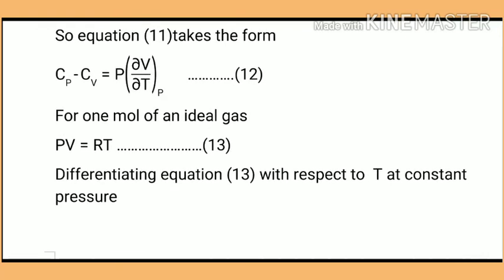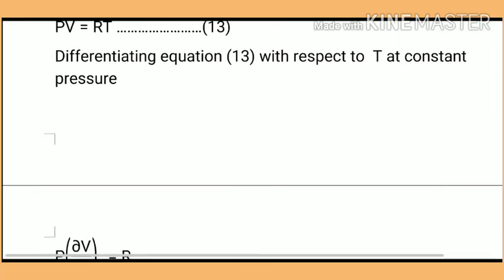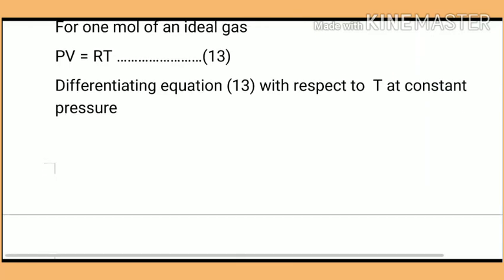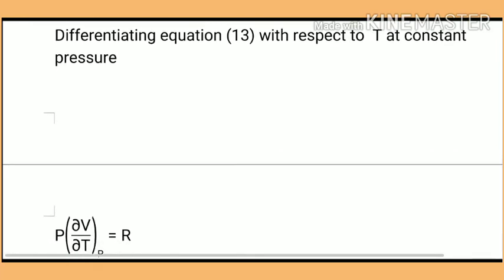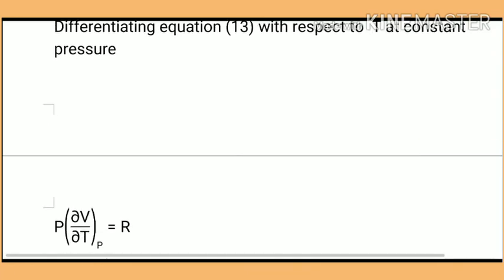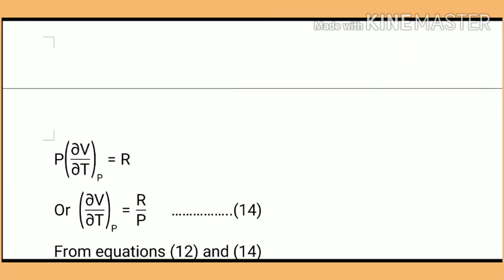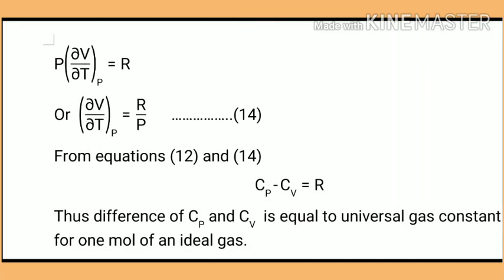If we differentiate this equation 13 with respect to temperature at constant pressure, P is a constant, so we get P ∂V/∂T at constant pressure equal to R, which is equation 14.